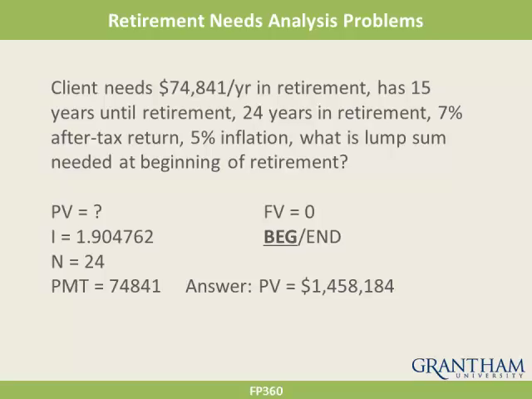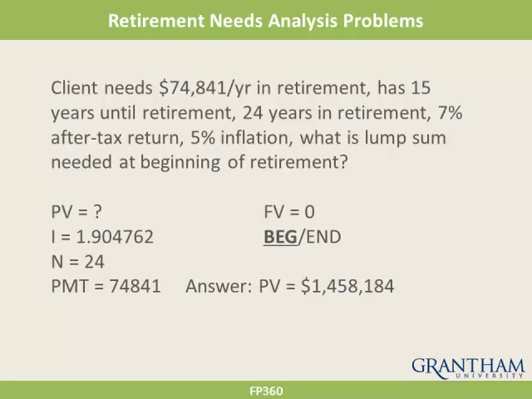Now notice that word beginning there is an important clue. We need to set the mode for the calculator to beginning. And if beginning does not show in the window there, you can toggle back and forth between end and beginning, and you want to make sure beginning is there, otherwise you're going to have the wrong answer. So the present value is what we're trying to solve for, and that's why there's a question mark there.